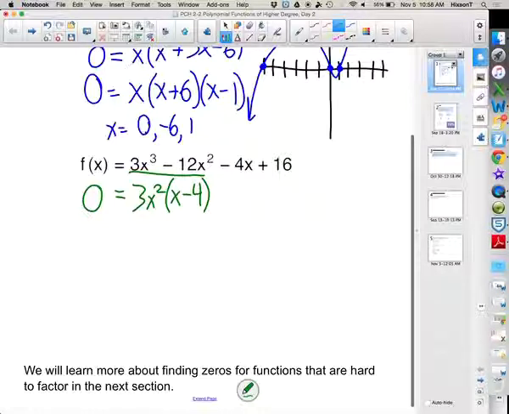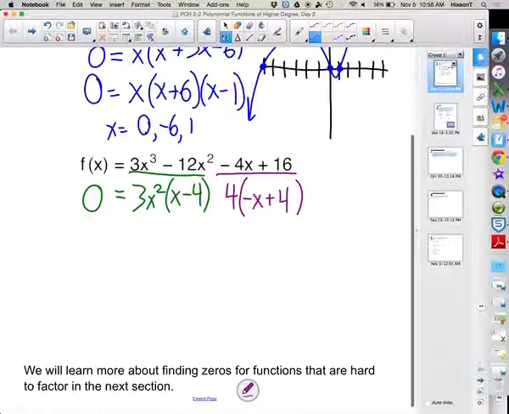Okay? Then we're going to do the same thing with these two terms. They have a common factor of 4, and let's look at what I would have if I pulled it out. If I pull out a 4, I have a minus x, and I have a plus 4. They go negative 4. Exactly.